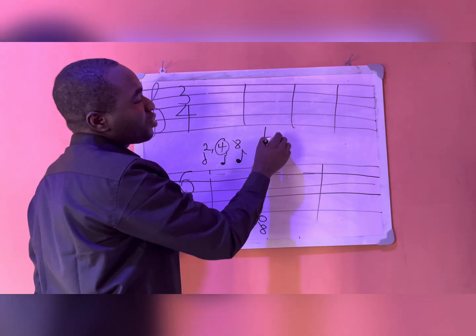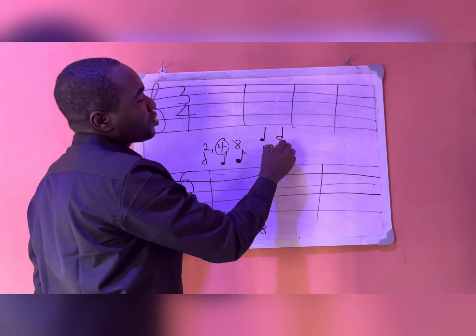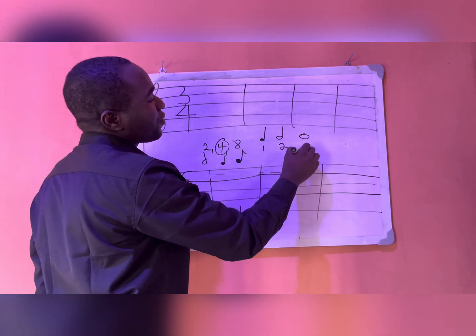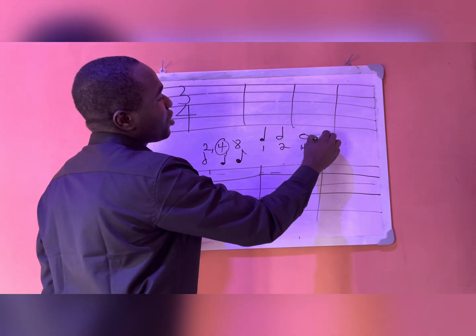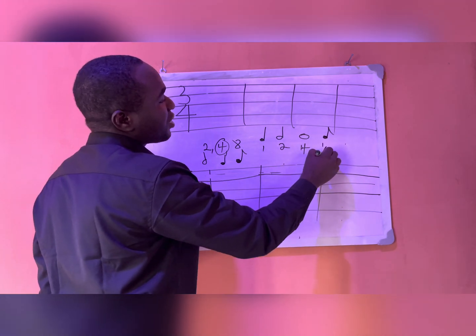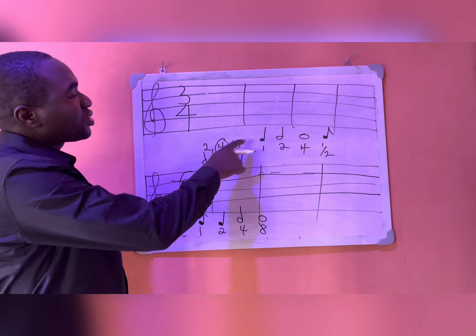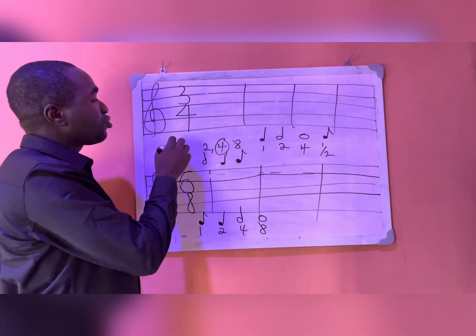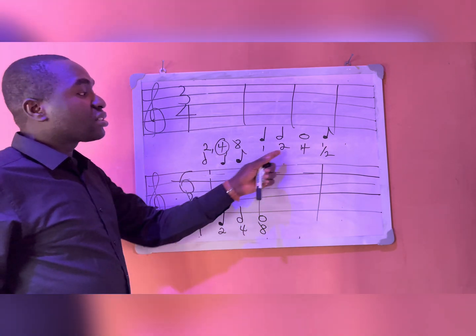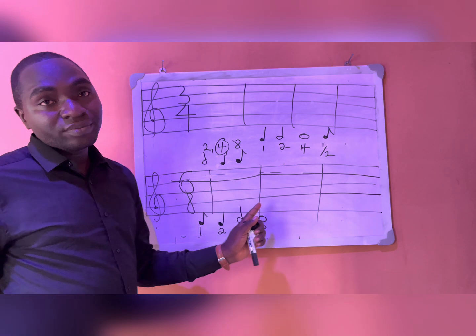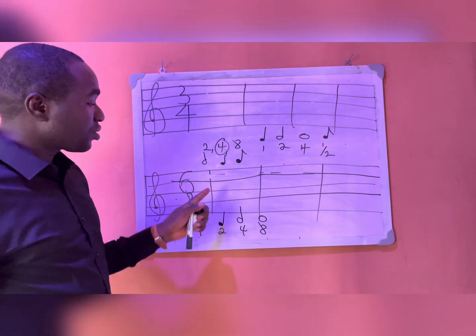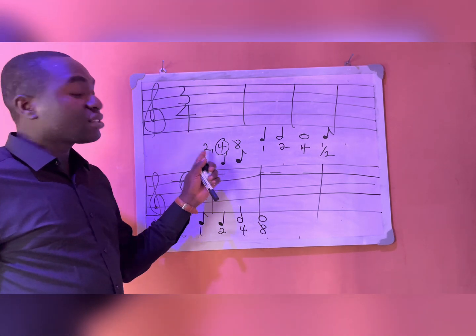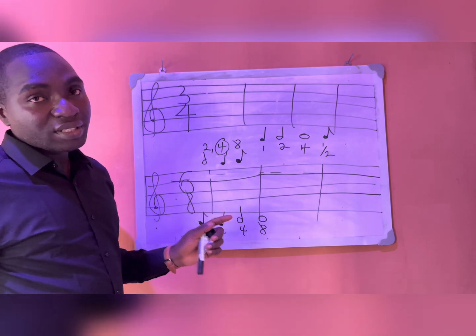If crotchet is taking 1 beat, minim will take 2, semibreve will take 4, quaver will take half as usual. That's why we call this one common time. Anything with 4, we call it common time. It goes along with our notes and their values. So these are just the 2 exceptions, the one that has 8 and the one that has 2. I hope it is clear.